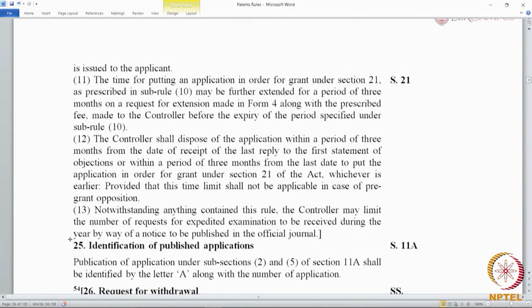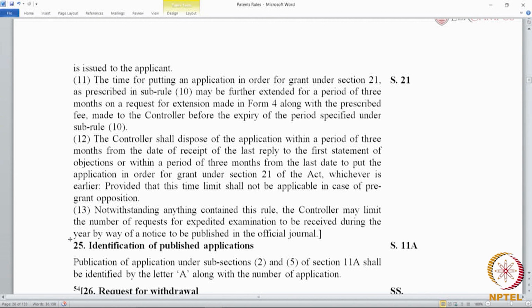Either it is 3 months from the date of receipt of the last reply, or within a period of 3 months from the last date to put the application in order for grant under section 21 of the Act. So within 3 months from the last date to put the application in order, the controller has to dispose the application. Again, this provision to completely dispose the application is not there in Rule 24B.